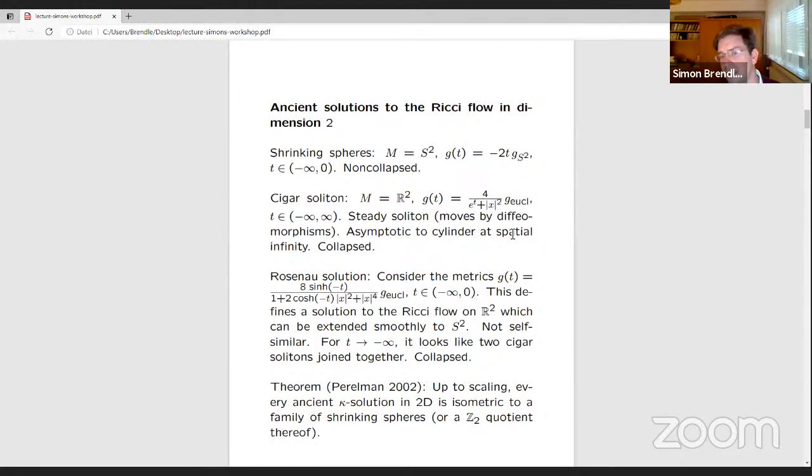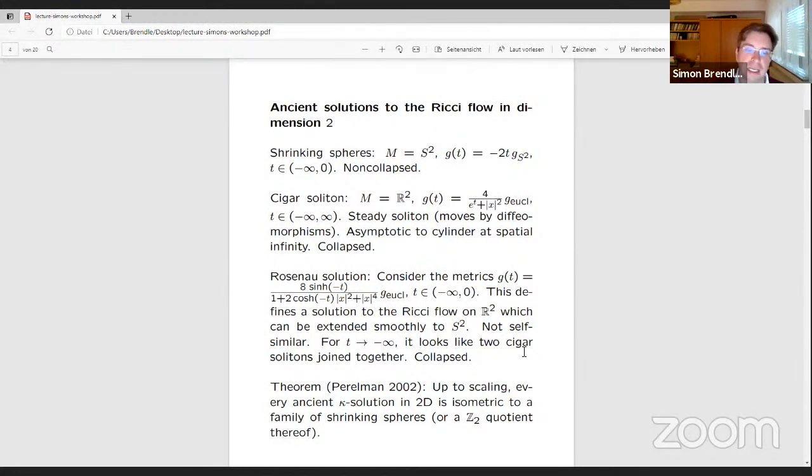And so in particular, it's pretty clear that this has to be collapsed because S1 cross R is collapsed. And you can also see it like this: the curvature tends to 0, because S1 cross R is flat. So at infinity, the curvature is tiny, and you can compute the rate of decay. But then this means you can test the non-collapsing condition on large balls, and then it will fail.